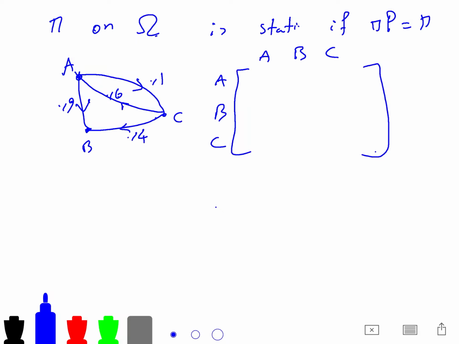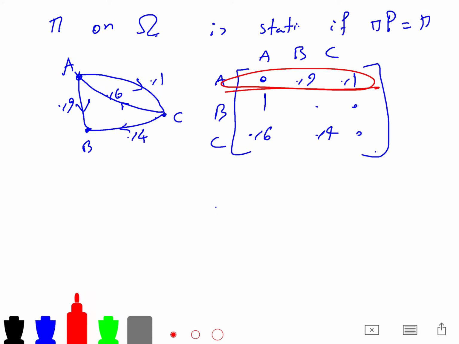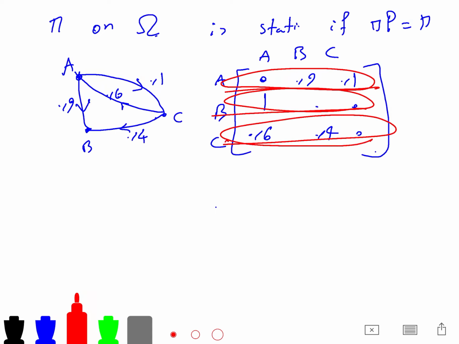But if we don't talk like that, it means that your state is in one of your vertices. So going from vertex A to A, there is 0 probability. Going from vertex A to B is 0.9, and to C 0.1. These are the probabilities. The important thing is that the sum of each row should be 1, but not necessarily the columns.